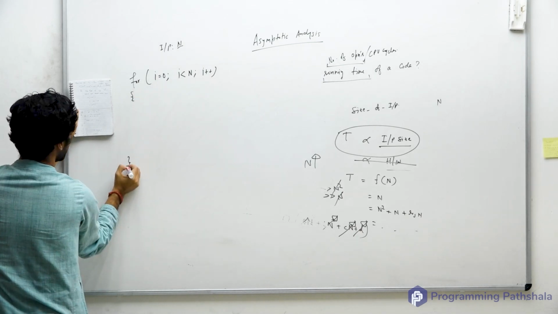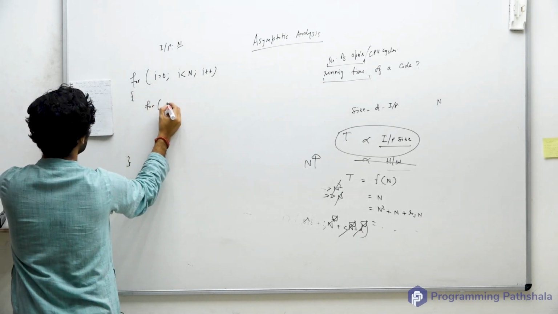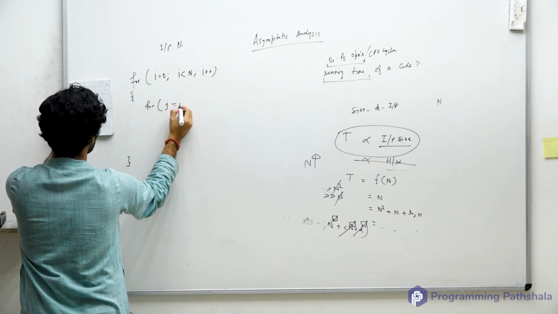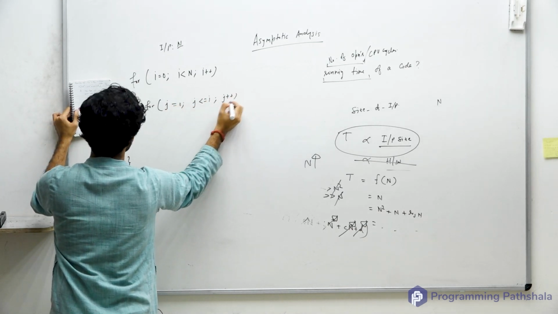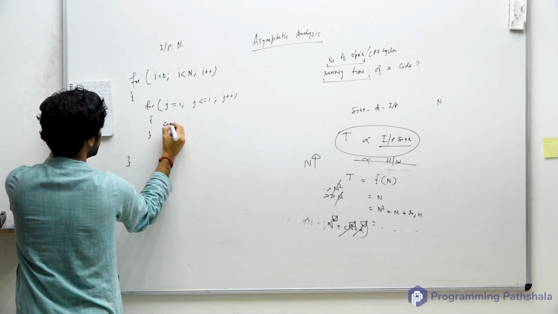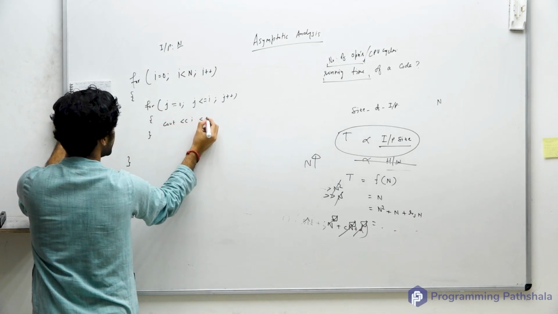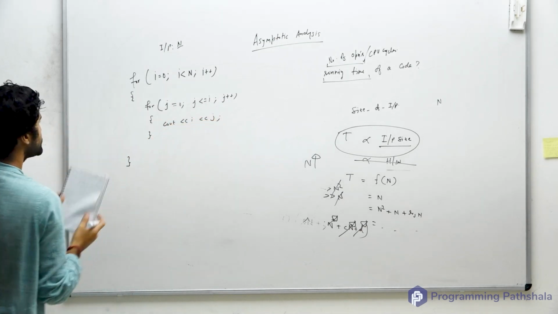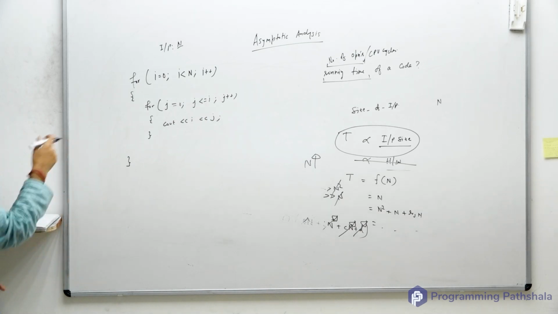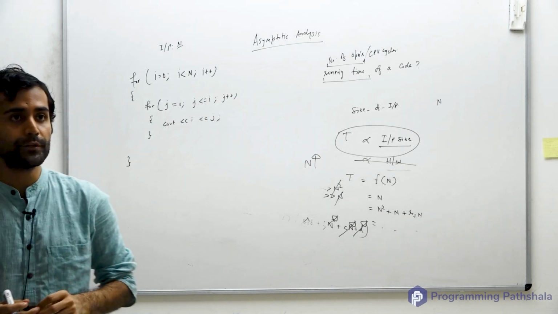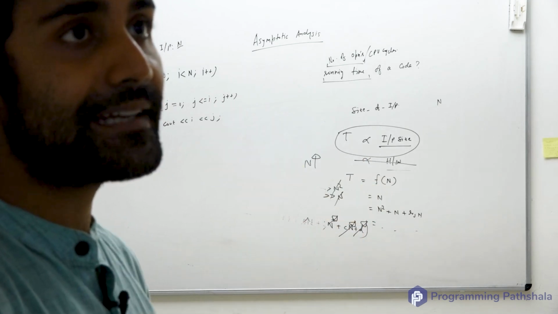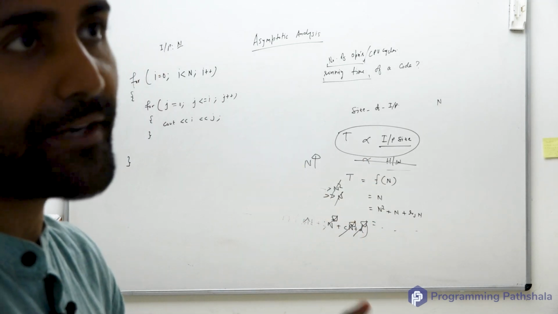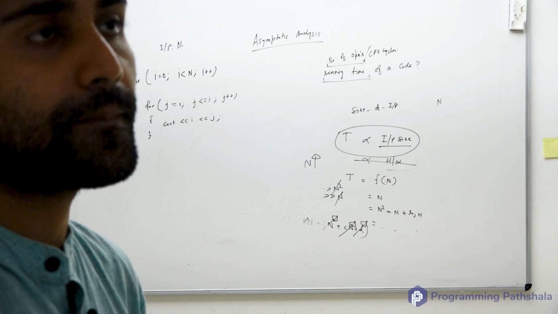Now let's say inside this I have for j equals 0, j less than or equal to i, and j plus plus, and let's say I simply print i and j. So yeah, this is the code. What do you think should be the number of operations over here? I want the exact number of operations, just try to keep it as exact as possible.